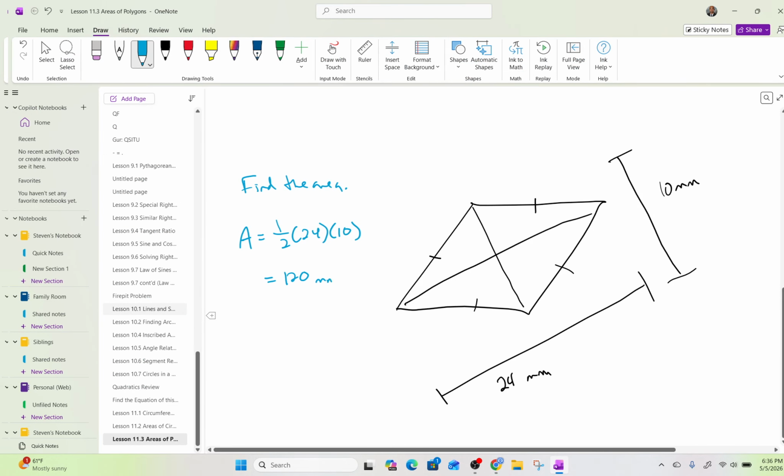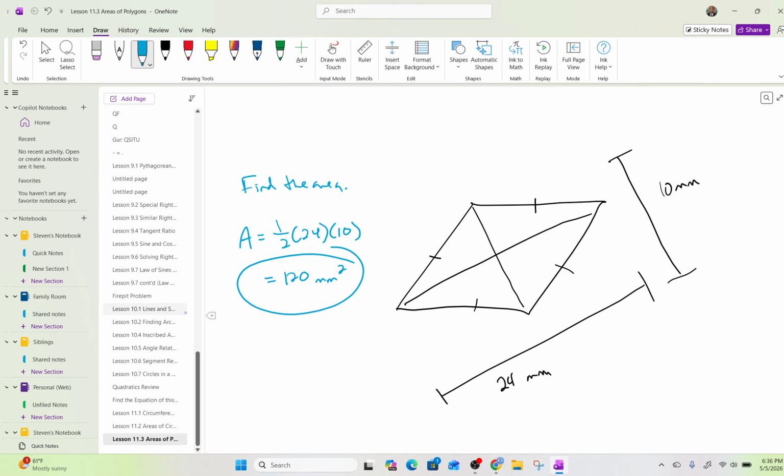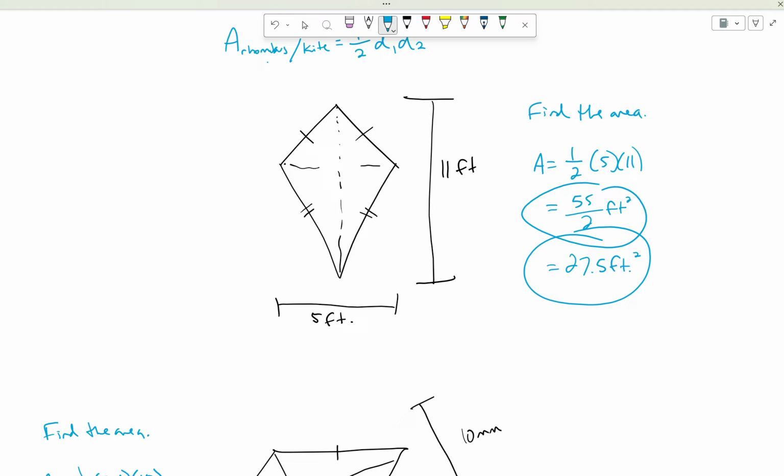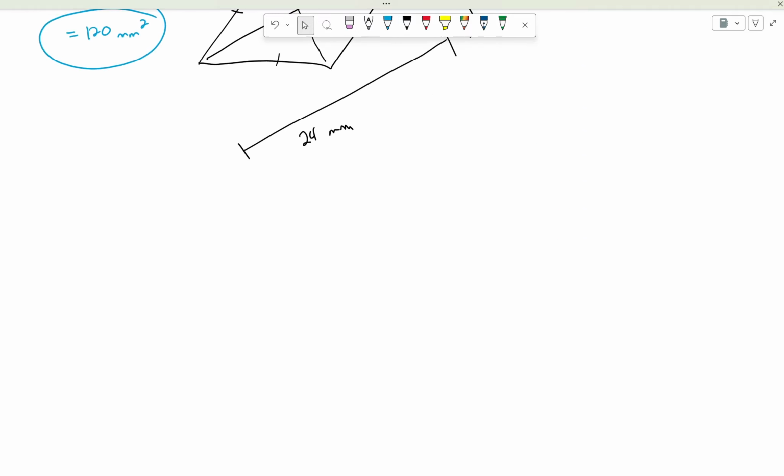And that's going to be millimeters squared. Did I have the correct square units on the bottom? Yeah, this is feet squared. My apologies, because it's going to be area, so we have to work in square units.